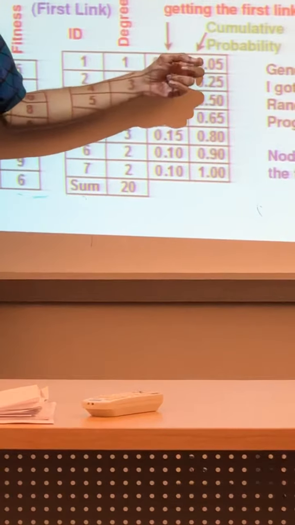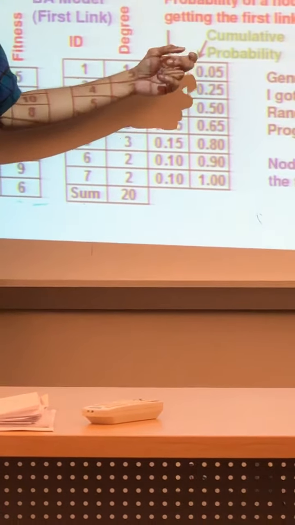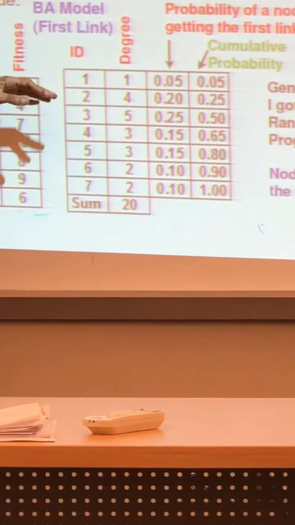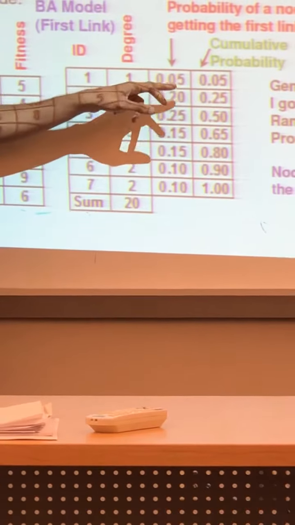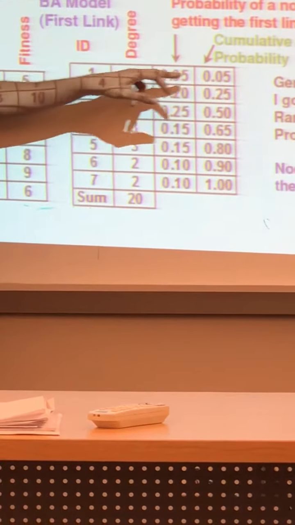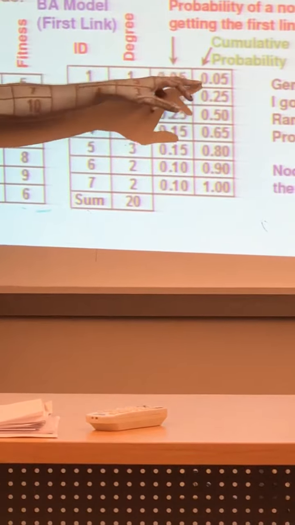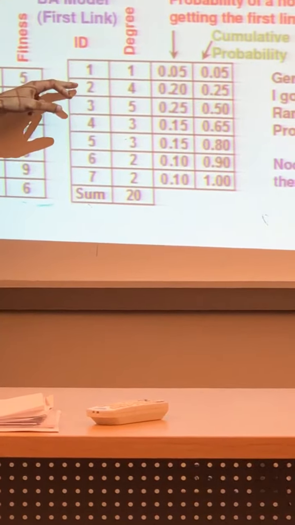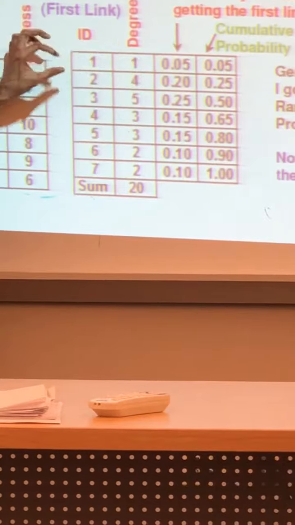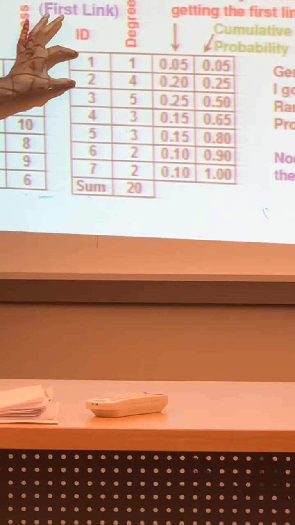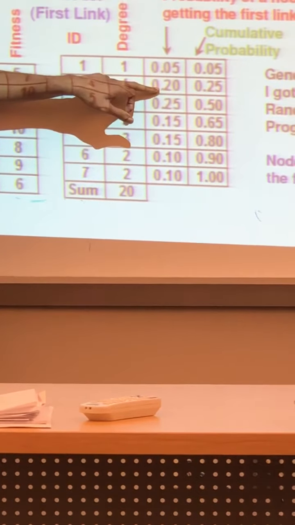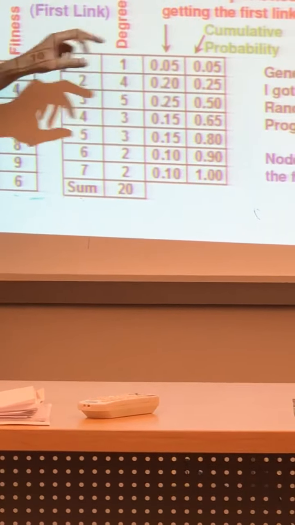Okay. Now we'll go ahead and find what's called the cumulative probability. You all know what a cumulative probability means. So this is the individual probability. So now for node 1, the cumulative probability is also 0.05. For node 2, it means you're considering both 1 and 2. So you have to add up 0.05 plus 0.20, so that's 0.25.